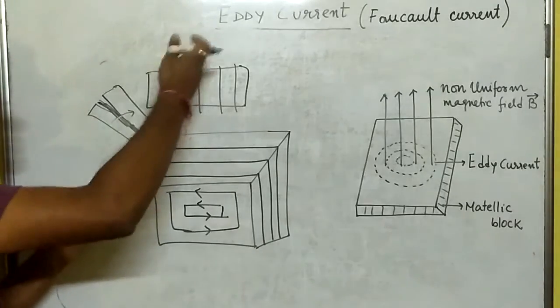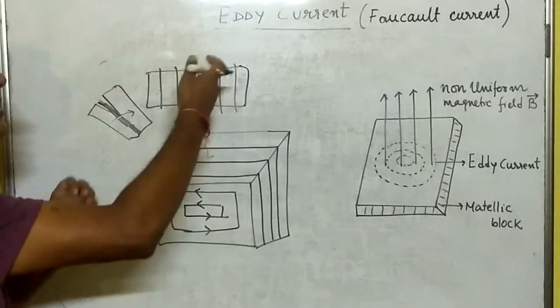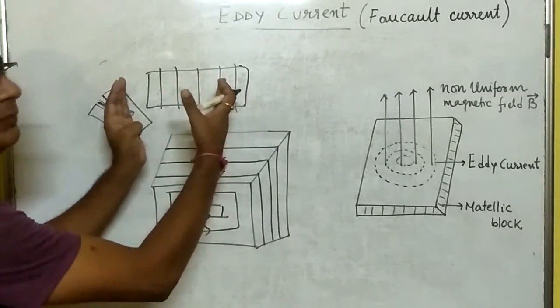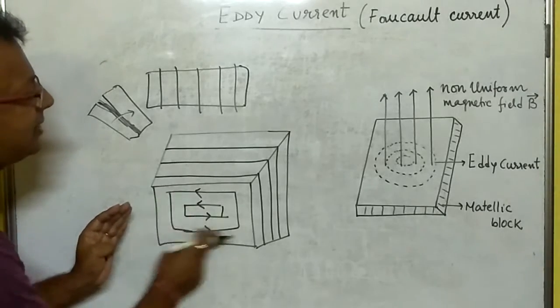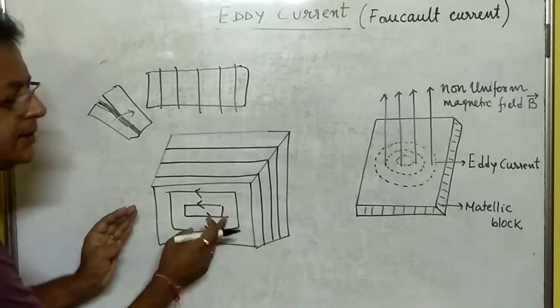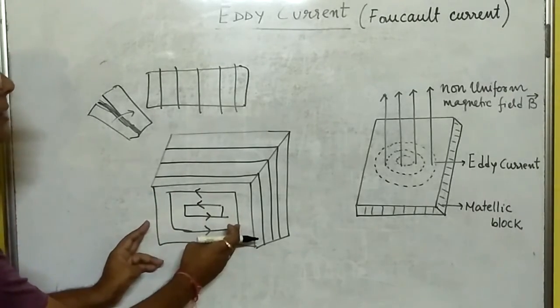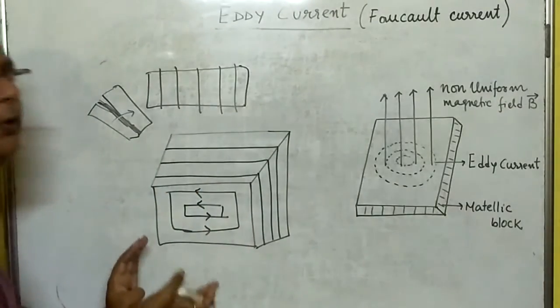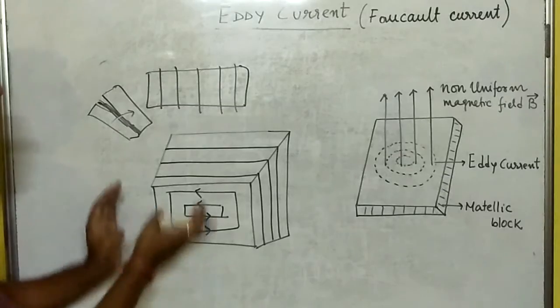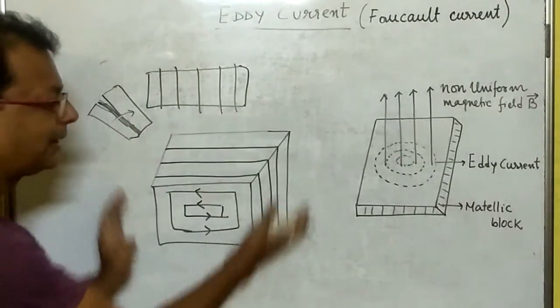So what we do is we cut into pieces and then laminate all the pieces together, so that we get the whole metallic piece, but eddy current runs in the small pieces. This is one piece, eddy current will run here, run here, run here, but not in the whole metallic block.